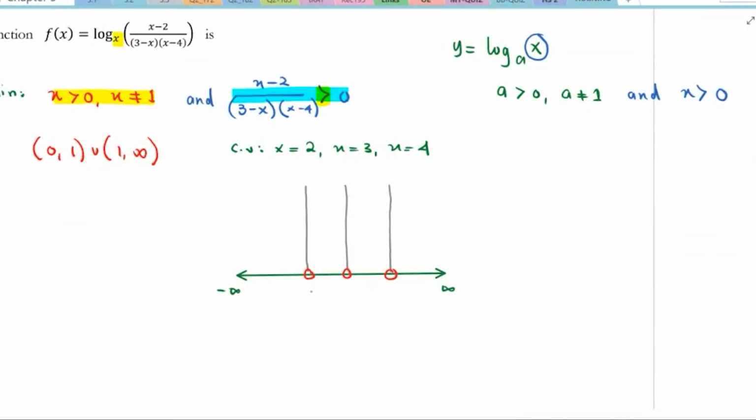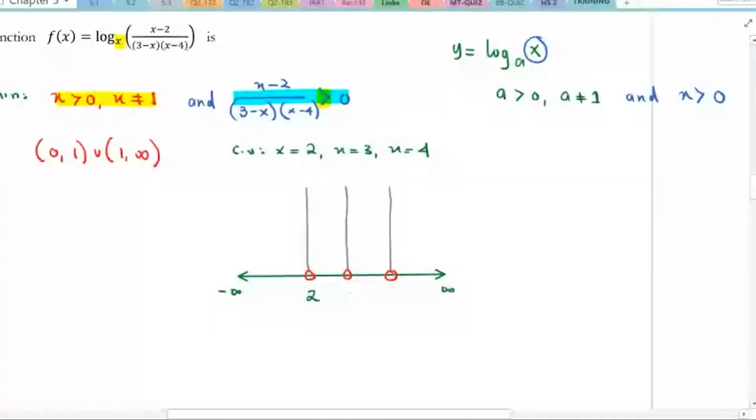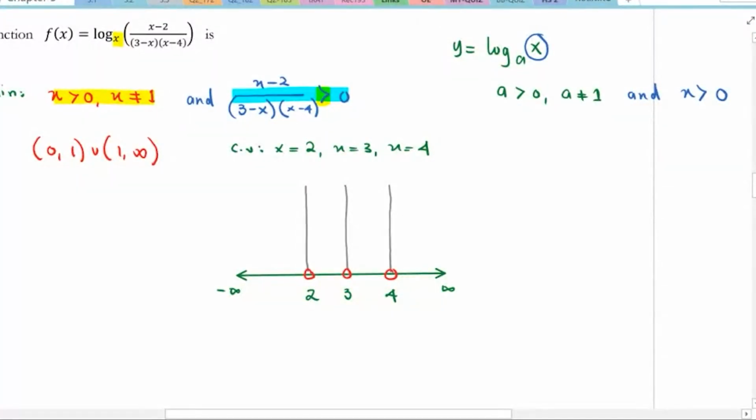Now, let us get started. The critical values are 2, 3, and 4. Which factor is giving us 2? We have x minus 2. Which factor is giving us 3? It is 3 minus x. And the factor giving us 4 is x minus 4.